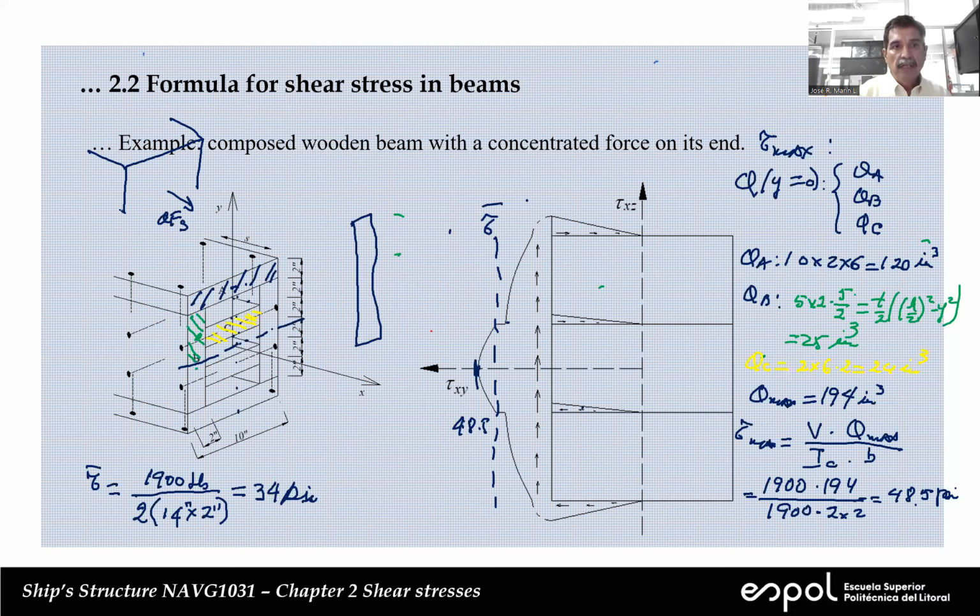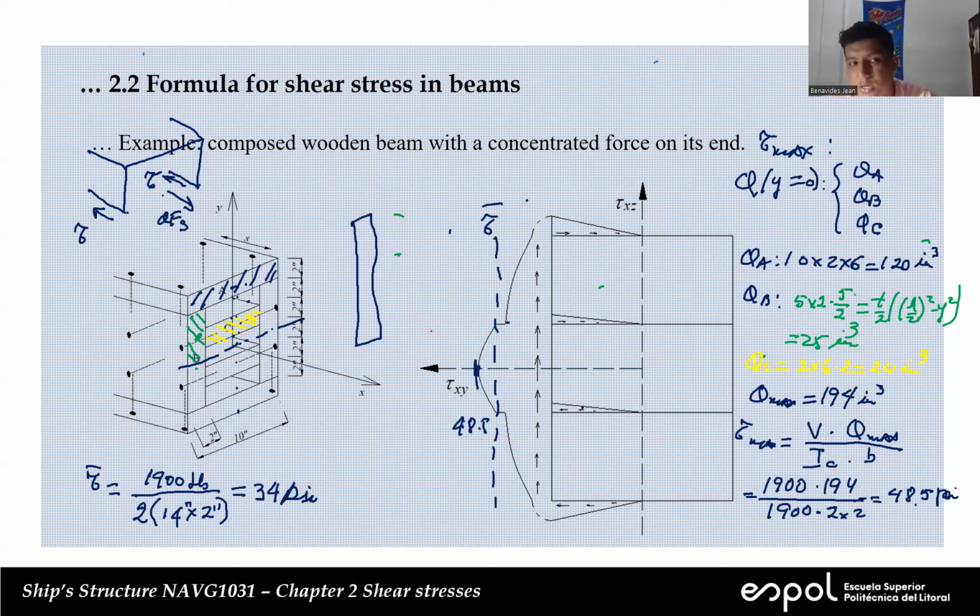And in this cut and in this cut, we are going to have some tau. So we have to consider both areas, this one here and also this one here, in order to equilibrate the whole section. That's what we need, both cuts, the area of both cuts to be included in the calculation. And in this case, because both are the same, we consider 2 and 2.